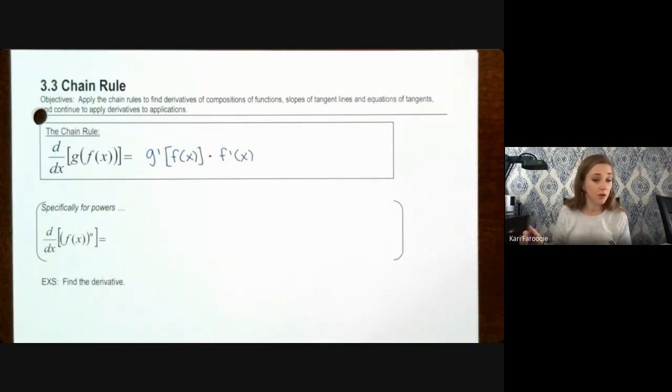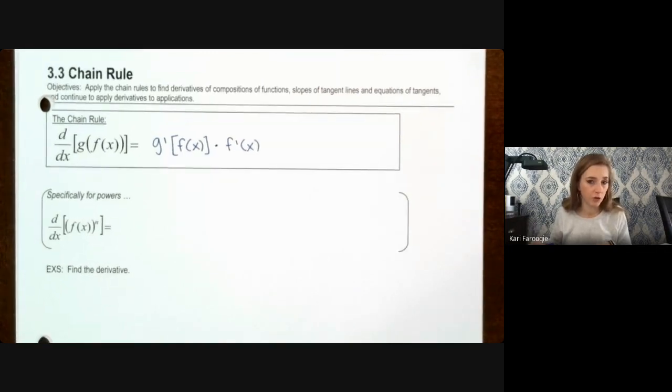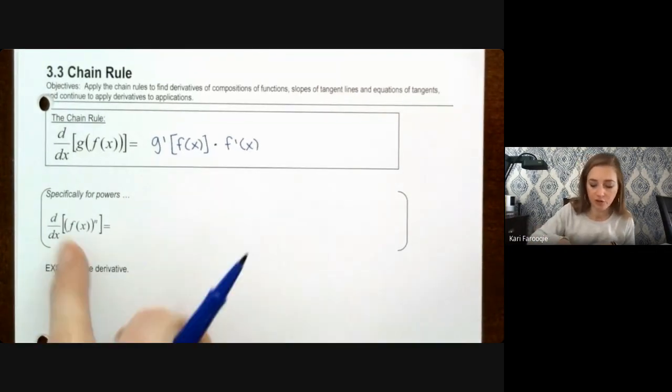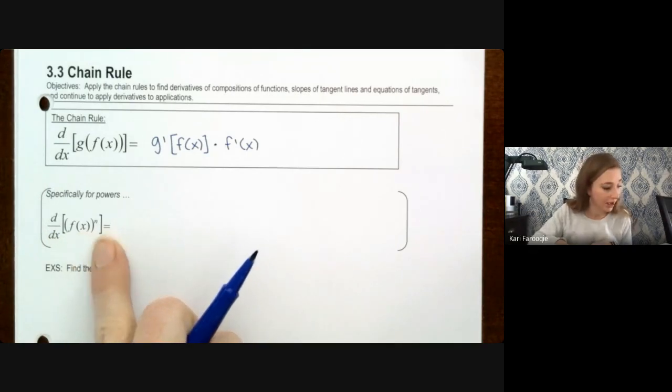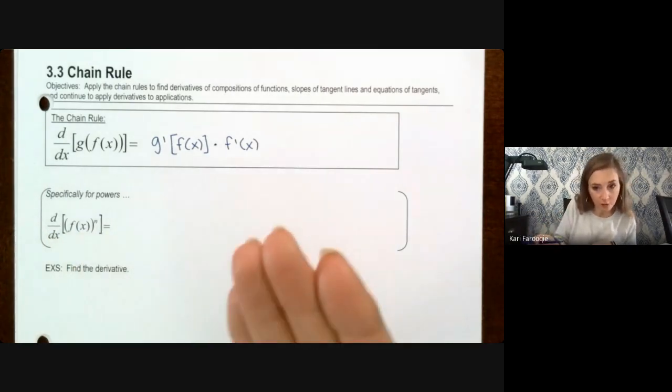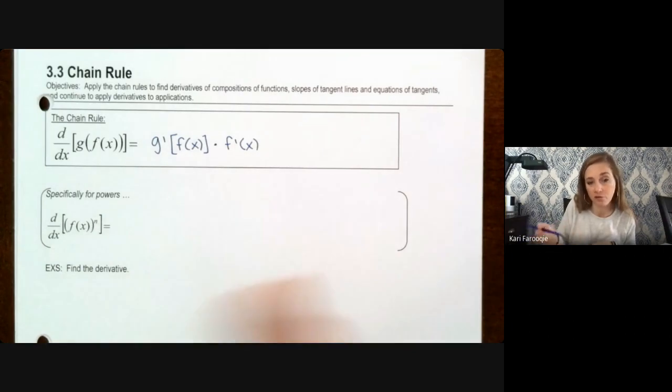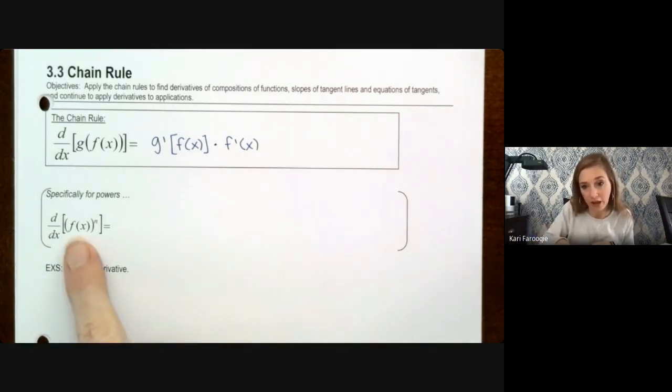Now, specifically for powers, we have this general power rule that states that if we're taking the derivative with respect to x of some function f of x to the nth power, well, just like we did in 3.1, we can sort of use the power rule. We just need to account for the fact that we don't just have x to the n, we have a function of x to the n.